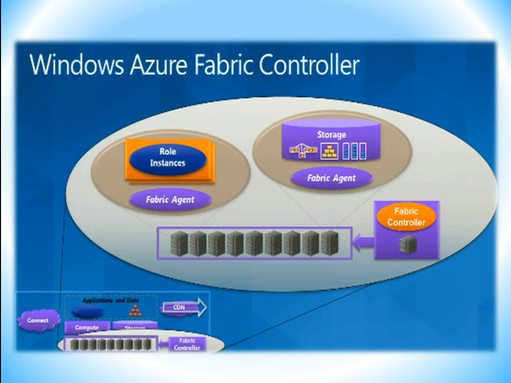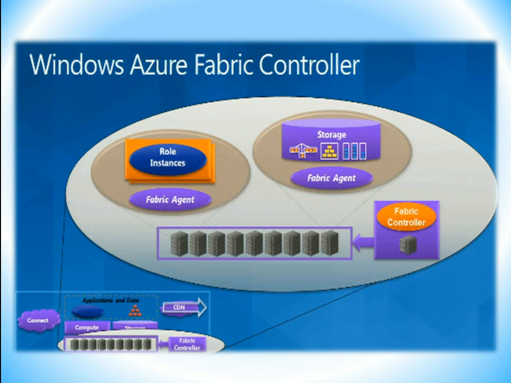At the same time, the Fabric controller would make sure that no two web roles of the same application are going to end up on the same physical box. If you look at each machine, it's going to have a role instance and it's going to have a Fabric agent.